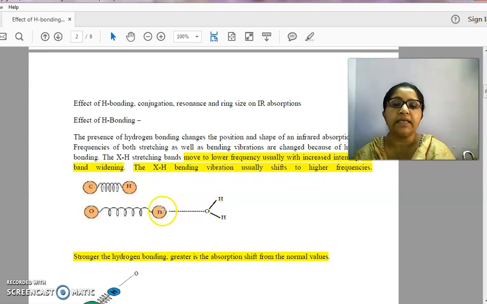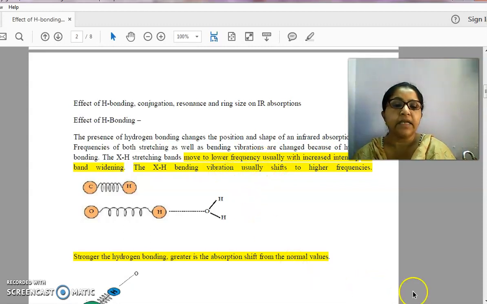In that case, this H is hydrogen bonded to the oxygen, and therefore this bond is more in a stretched form and its bond strength decreases. When its bond strength decreases, the absorption peak moves towards lower frequency, which I have highlighted here.